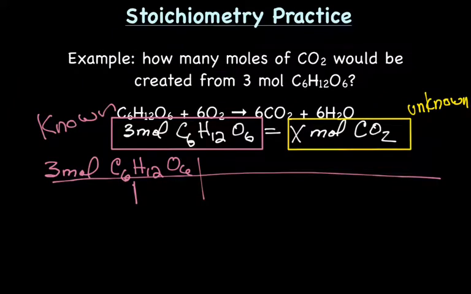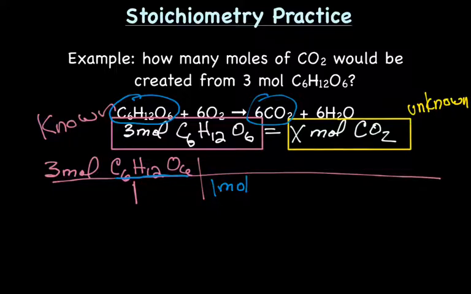The two atoms or molecules we're interested in are C6H12O6 and CO2. So we have to put one of those on the top, one of those on the bottom. And since we have C6H12O6 at the top here, we need to put that on the bottom. So we're going to have 1 mole. Remember, the unit's the invisible mole, and also being that there's nothing there, we write a 1 there.